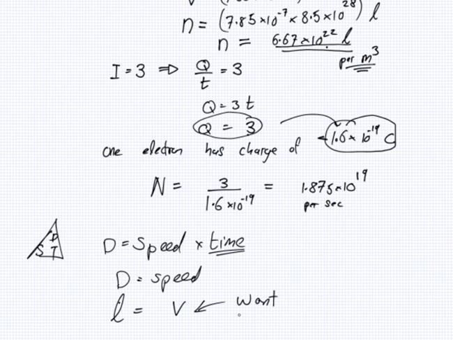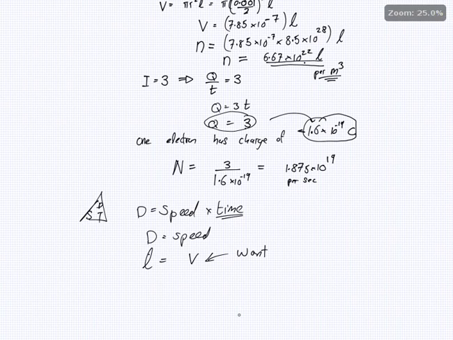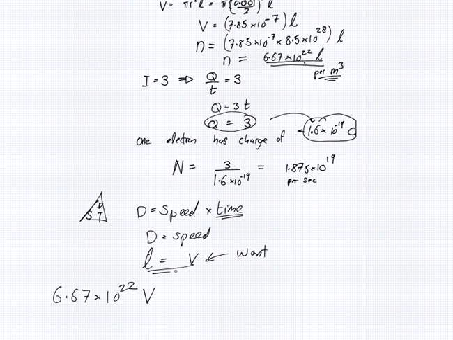How much is that, please? Can you calculate? Is it 19 or minus 19? Minus 19. So it'll be a large number. 1.875 times 10 raised to the power 19.